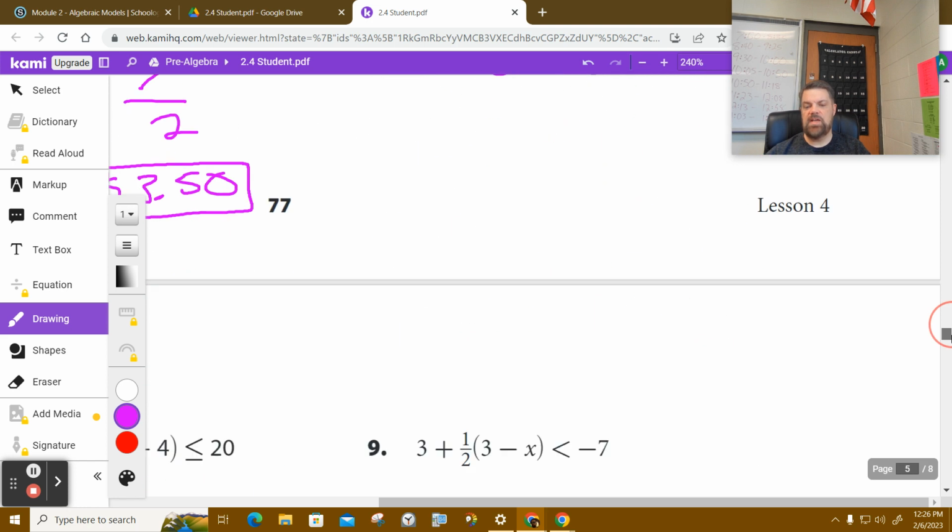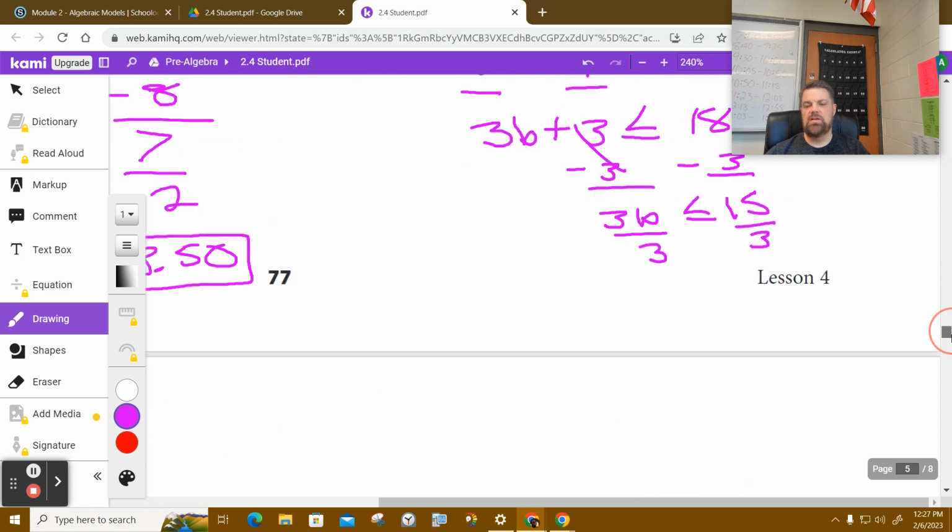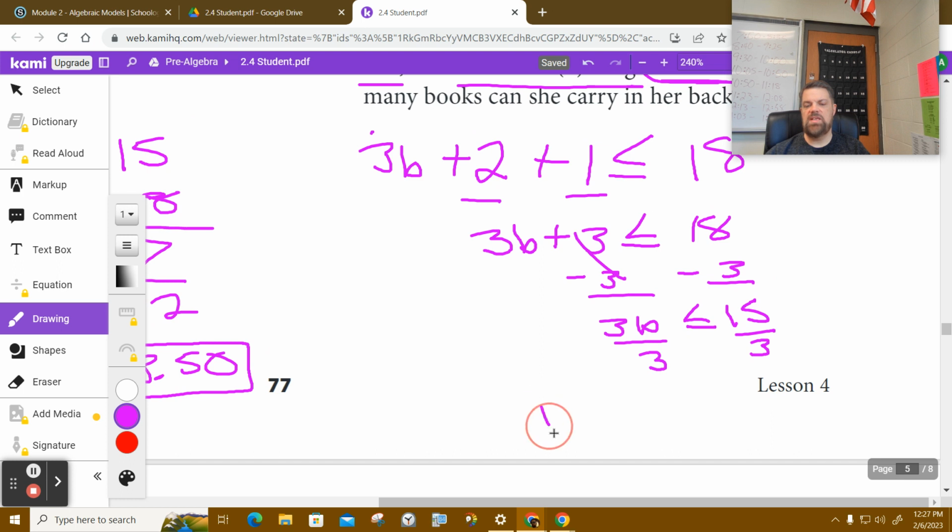And now what do I do? Yep, now we're going to minus 3 from here because I want to move that plus 3 over. That cancels. I get 3b is less than or equal to 15. Now what do I do? Divide by 3. And I get b is less than or equal to 5.